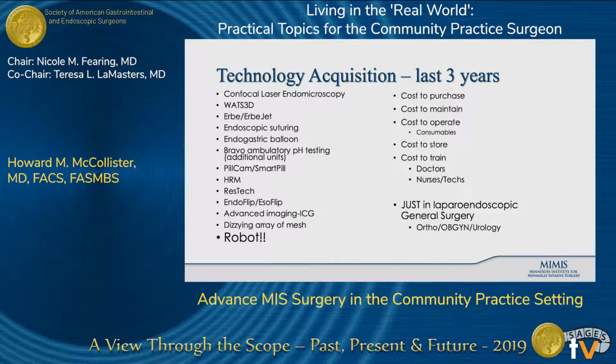These are the items of technology that we've had to acquire just within the last 3 years. And this probably represents more money than what we had spent on technology in the previous 10. These are very important, but if you look at the bottom, the one that stands out, certainly in our administrators' minds, is the robot. The problem with these things is that you have to purchase them.